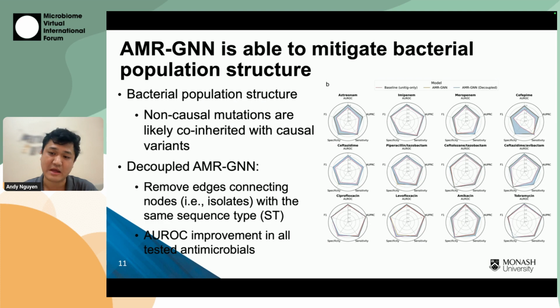By doing so, we force each node to aggregate only the genomic information from nodes that are not in its lineage, and then hopefully the model can identify the correct causal variants for AMR. And by doing so, we slightly improve the AUC in all of the tested microbials.